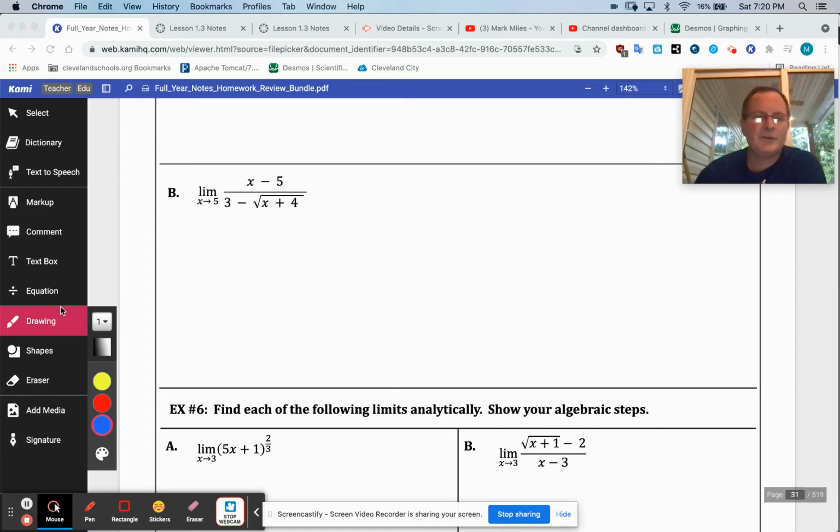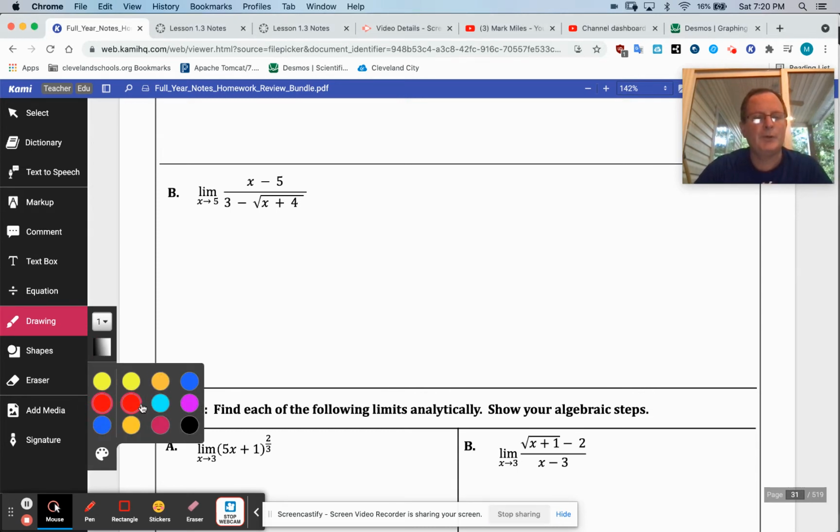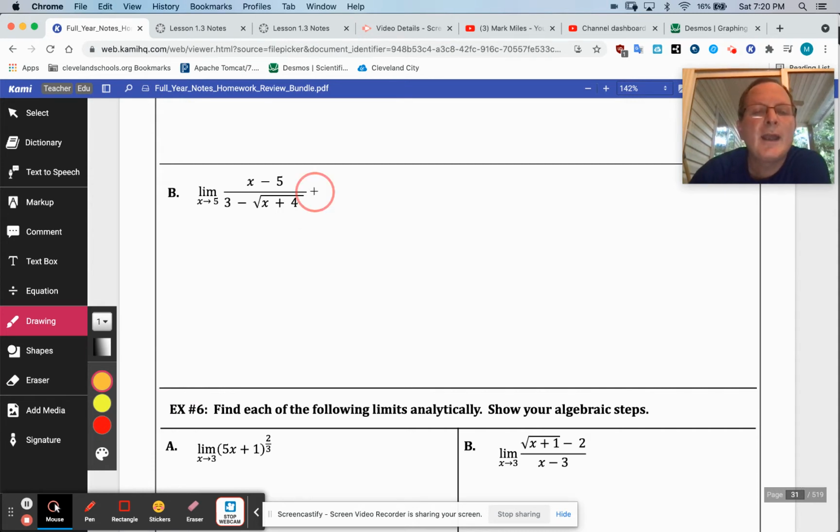All right, so we have to do the multiplying by the conjugate thing. Let's go that ugly color right there. And so let's multiply top and bottom by 3 plus the square root of x plus 4.